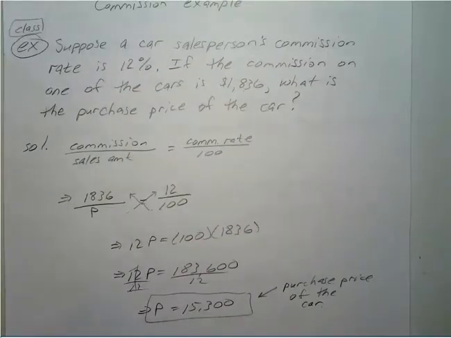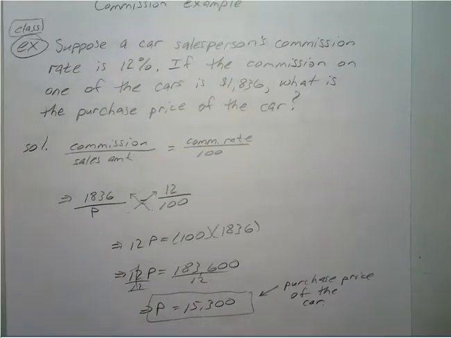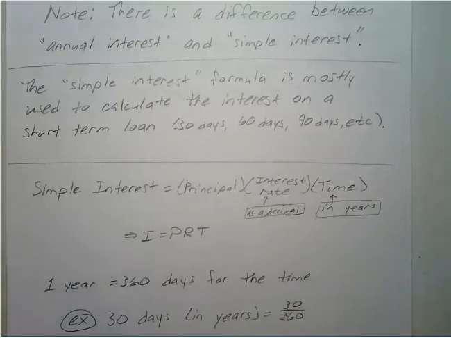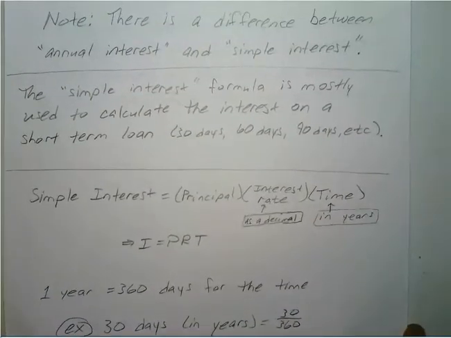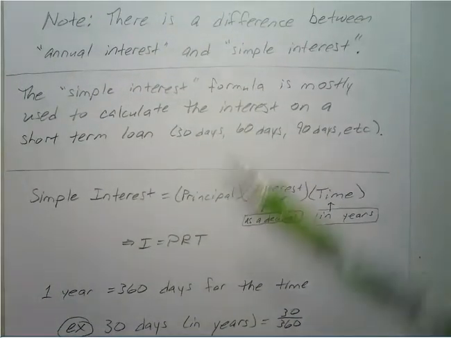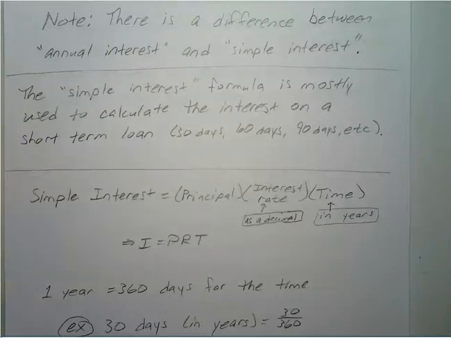All right. So once again, if you are still writing, feel free to press pause. But there's one more thing I want to cover on this video. And that is to note that there is a difference between annual interest and simple interest. Okay, so the simple interest formula, we usually use that to find the interest rate for short-term loans.